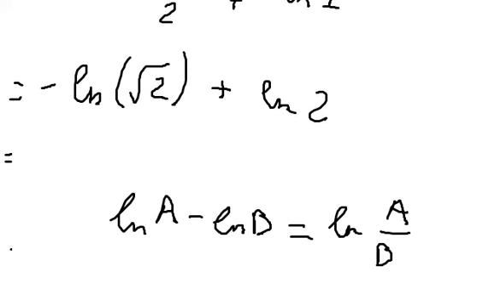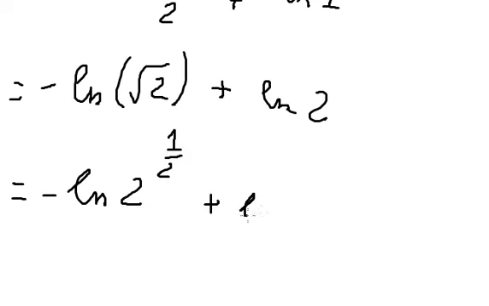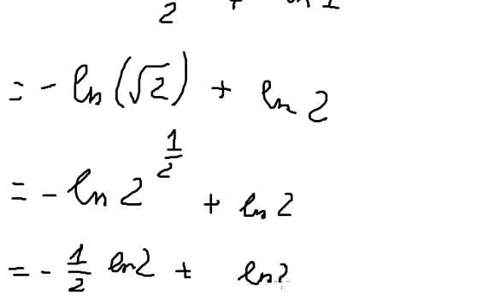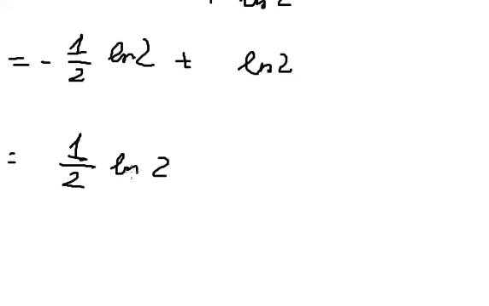The next one, ln of the square root of 2, we represent as 2 to the power of 1 over 2. So we put 1 over 2 here, and we simplify, and you get 1 over 2 ln 2, and this is the second technique to calculate this one. This is the end. Thank you for watching.